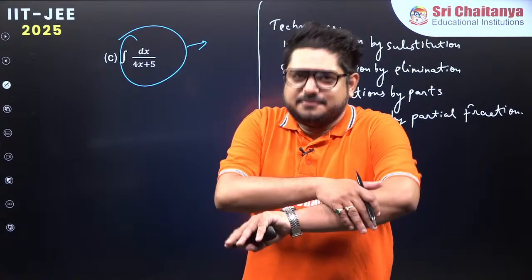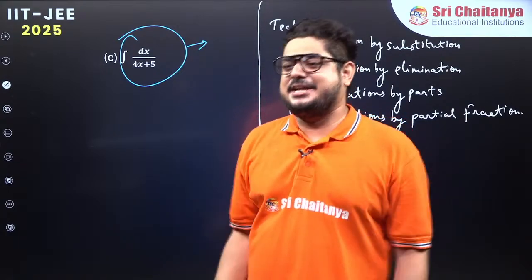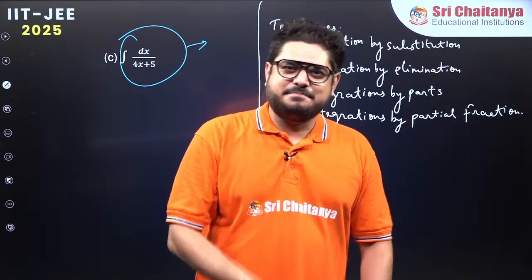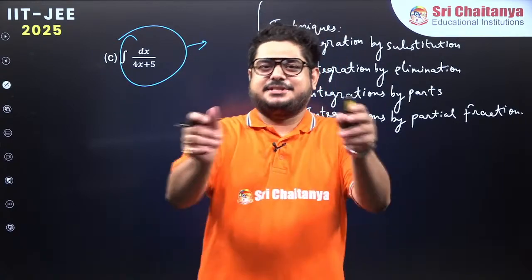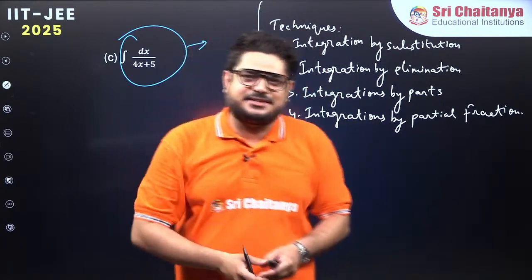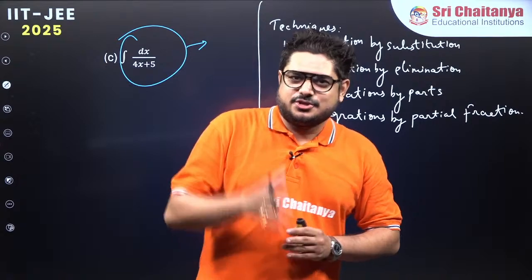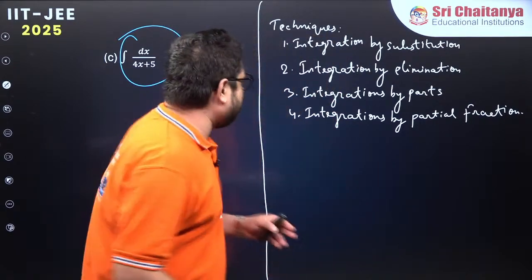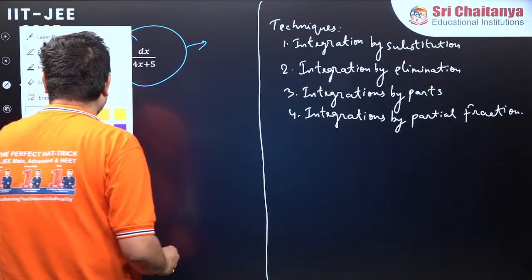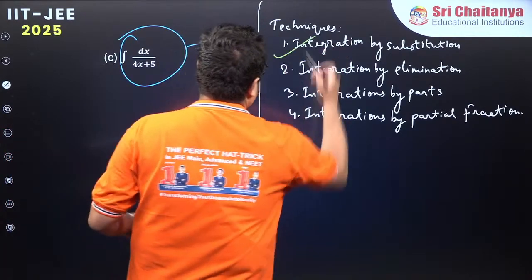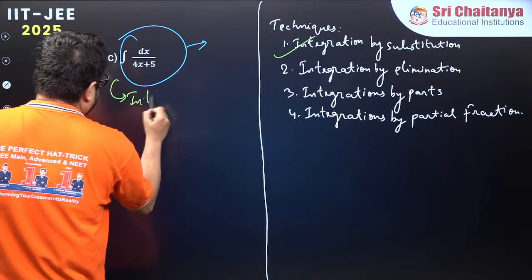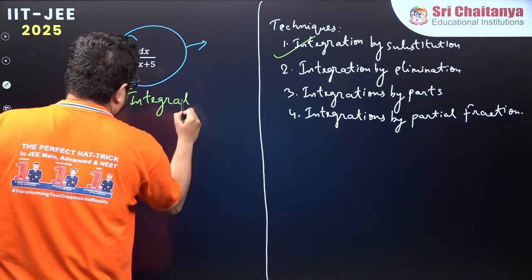But we are not going to be discussing the entire integration over here, because this is nothing but the basics. From the term itself, basics of mathematics, you need to understand it first. So we all are going to be only understanding one thing at this point of time, that is integration by substitution. So this problem can be solved by the means of integration by substitution.